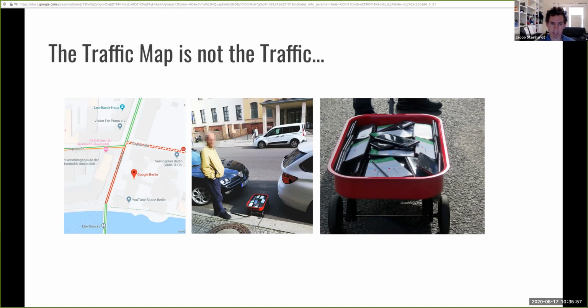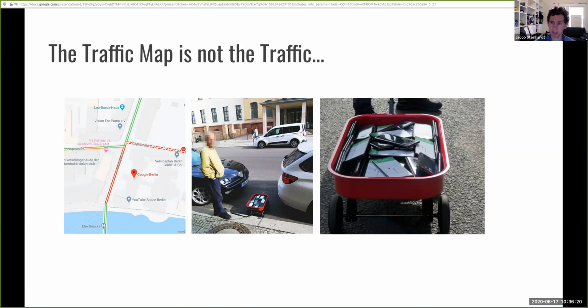He turned on navigation, he put them in a wheelbarrow, and he put the wheelbarrow in front of Google Berlin, which then showed Google as having tons and tons of traffic around it because of these phones, which were used to forecast traffic.